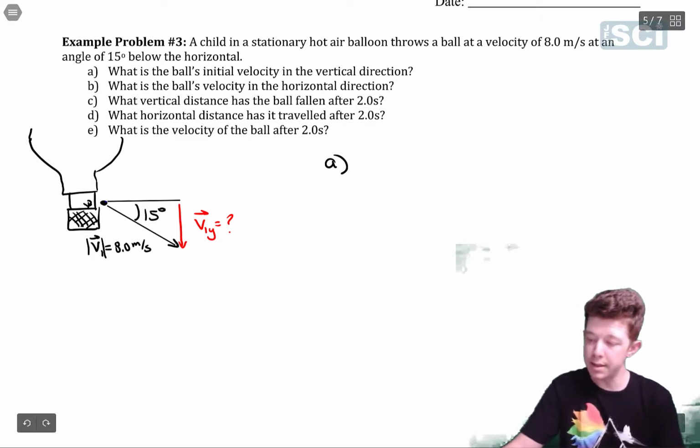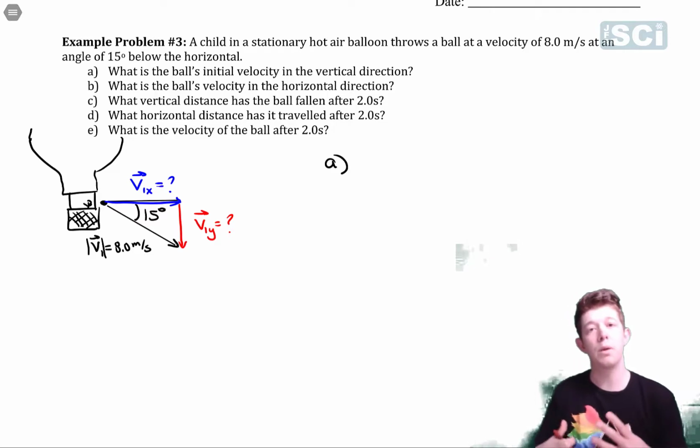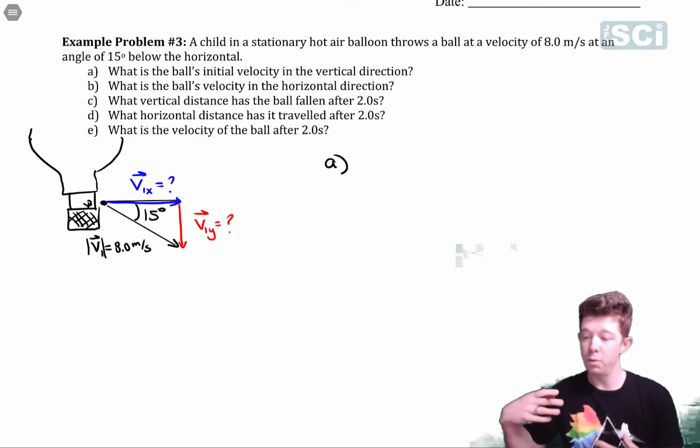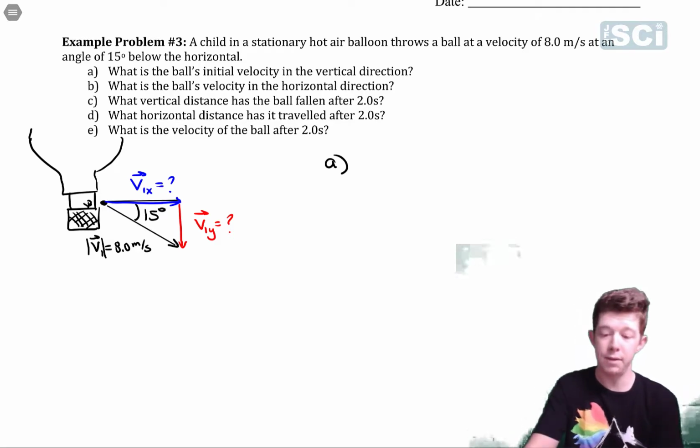Then B part asks us to find the horizontal component, so I'll call it v1x. That will be what we'll do for the first two. And then we're asked a series of questions about what will be the vertical distance at 2 seconds, the horizontal distance at 2 seconds, and then the final velocity of this ball at 2 seconds. So let's dive into the problem.